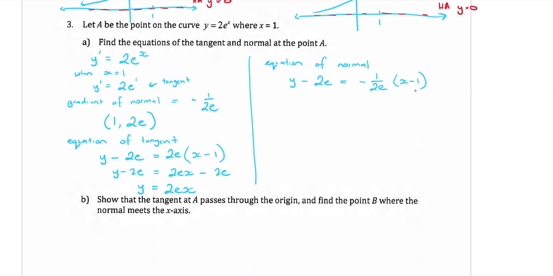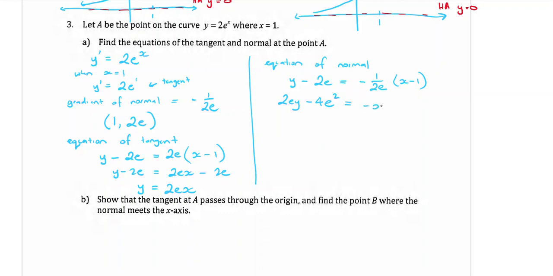If I times the 2e on the denominator here, I'm going to times the 2e across this side. So that would be 2e times the y, and 2e times 2e makes 4e squared, or e squared. E times e makes e squared. Okay, equals. Now I didn't do the minus sign, so I'm going to expand the minus 1 through the top there.